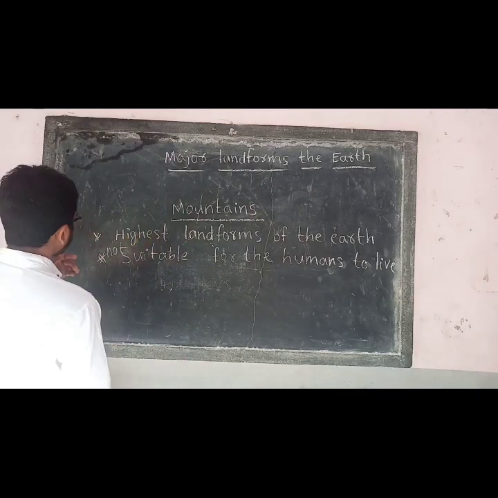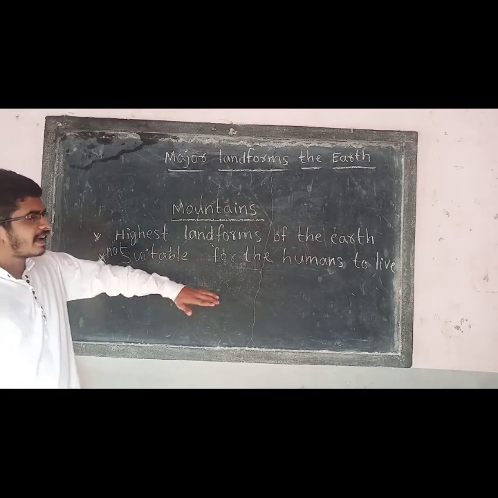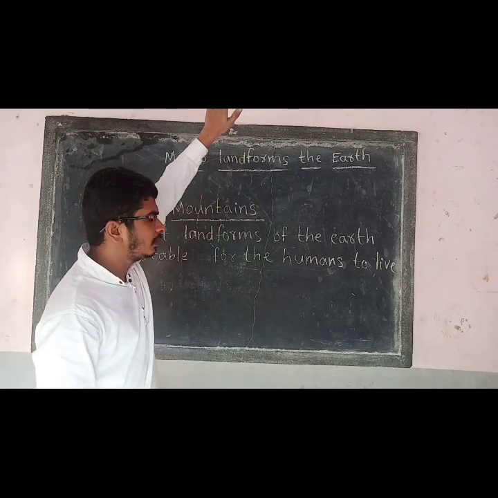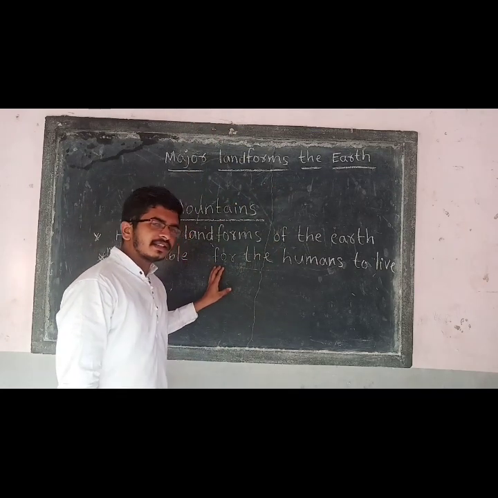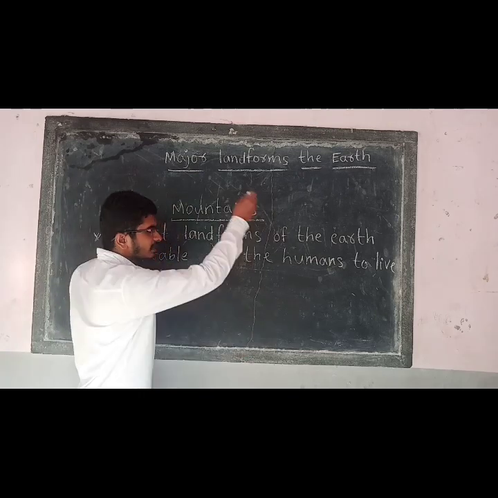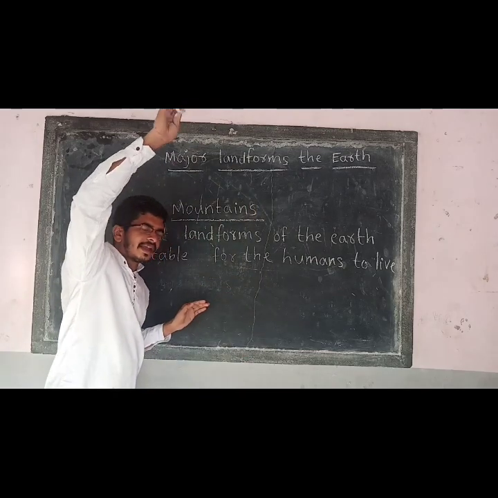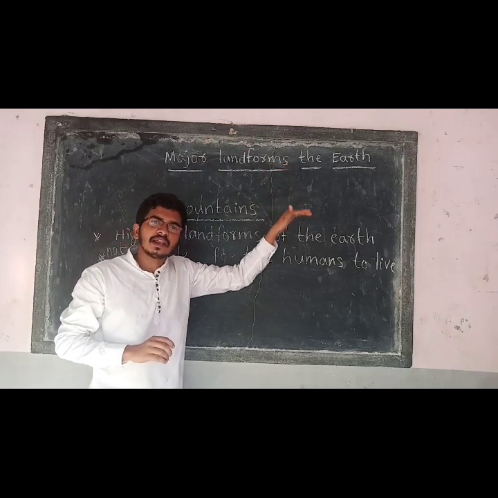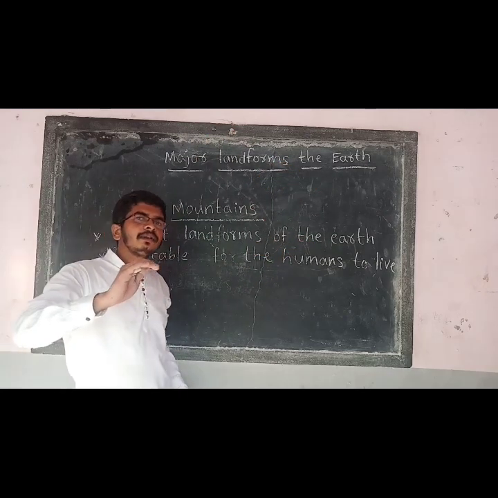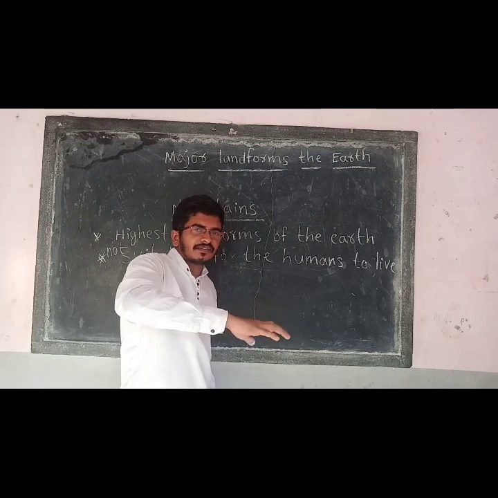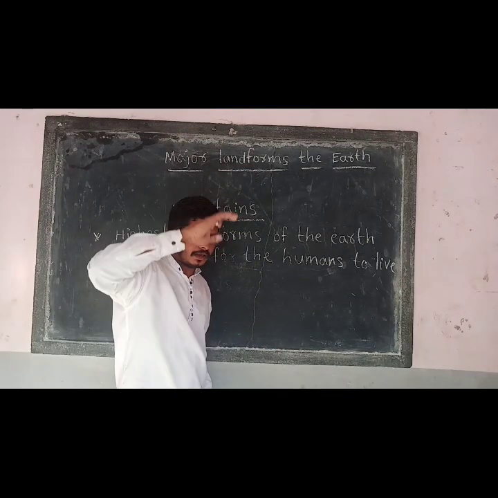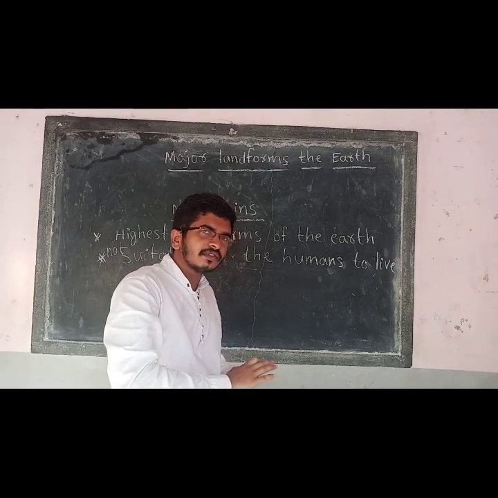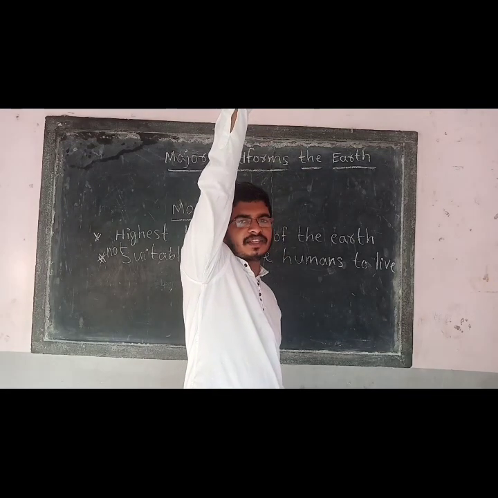And the mountains have the highest peaks. It will be very tall, to a high extent. For example, as the mountain size is very big, there the oxygen level is very less. Oxygen will be there on the earth's surface only up to some extent.